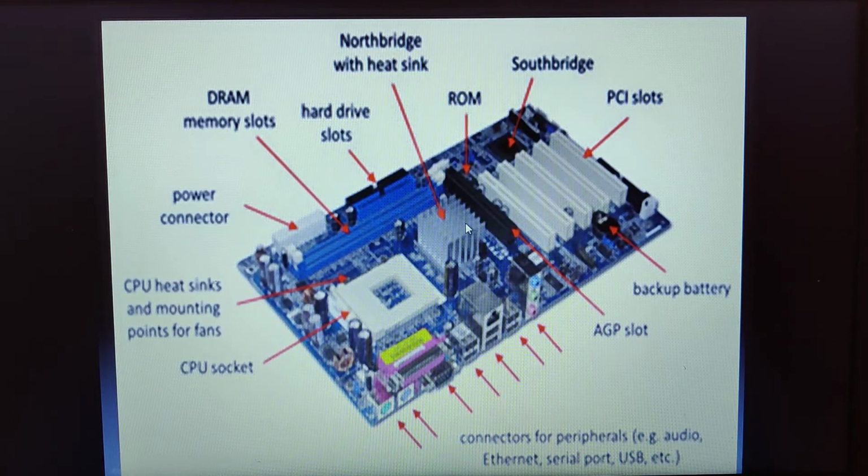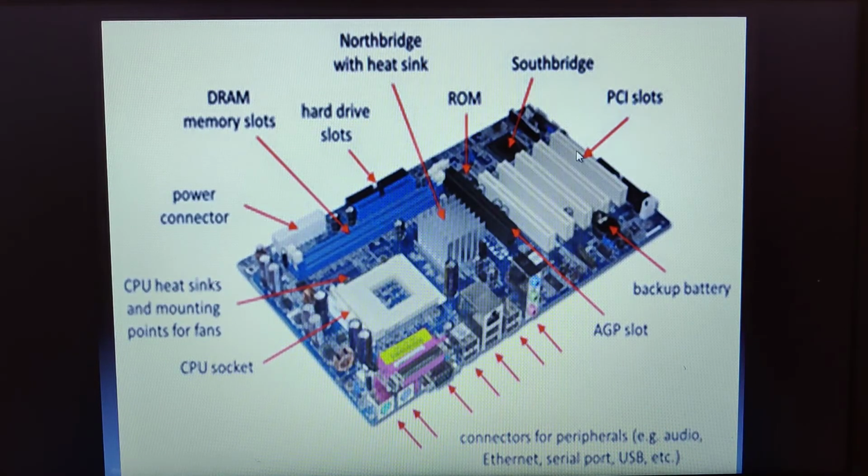We have the north bridge here; north bridge and south bridge we shall discuss later. These are the ROM slots, the memory slots. You can see here the AGP, accelerated graphic port, which is the slot where cards are inserted.